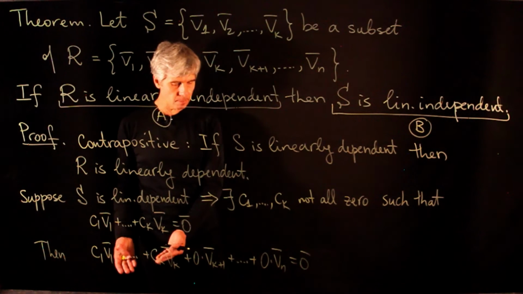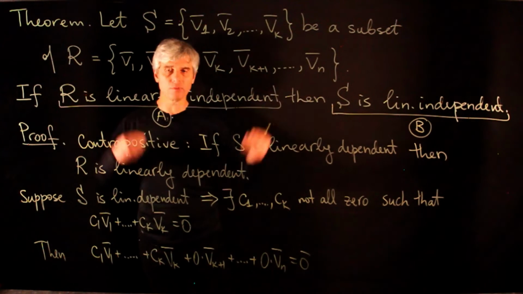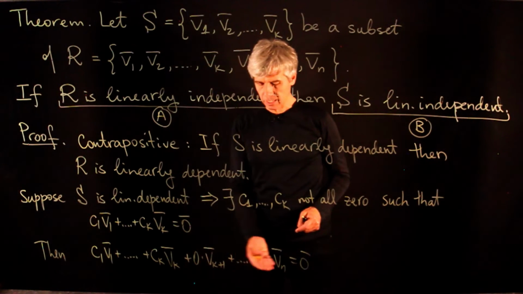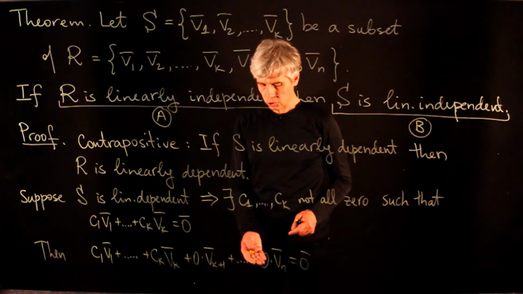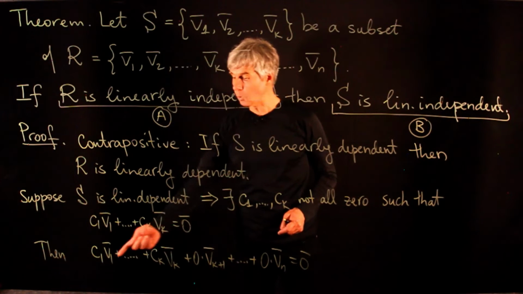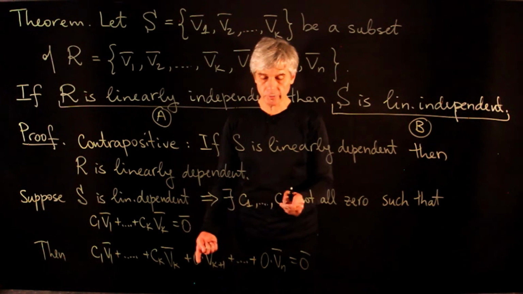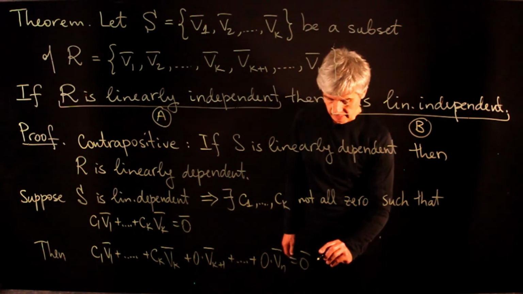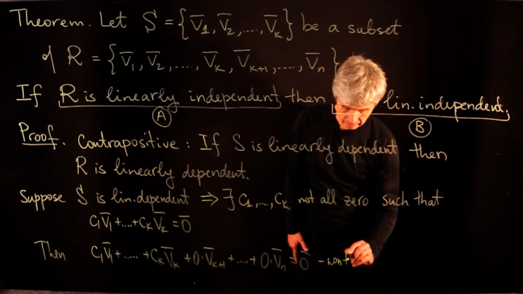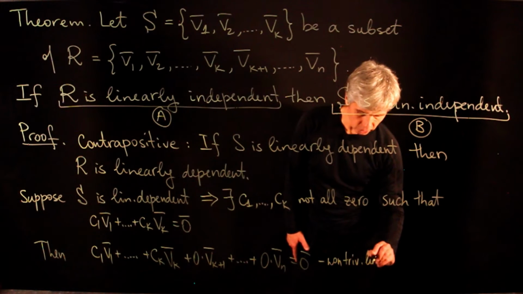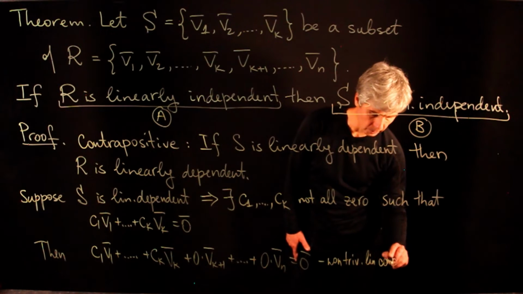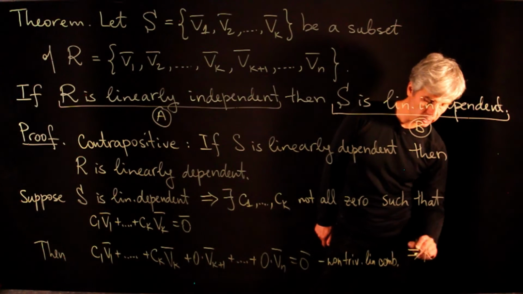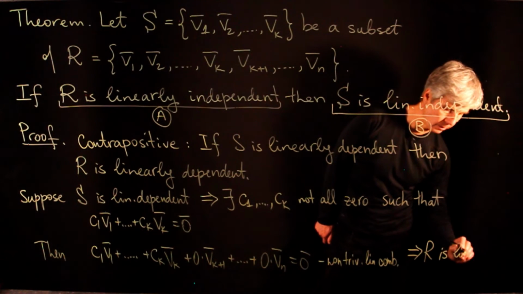And now this became a linear combination of the larger set of vectors R. In this linear combination, some of the coefficients are equal to 0, but not all coefficients are equal to 0, because not all of the first k coefficients are 0. So this is a non-trivial linear combination which is equal to the 0 vector. And this implies that this larger set R is linearly dependent.